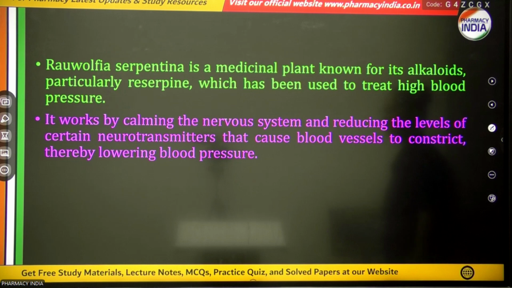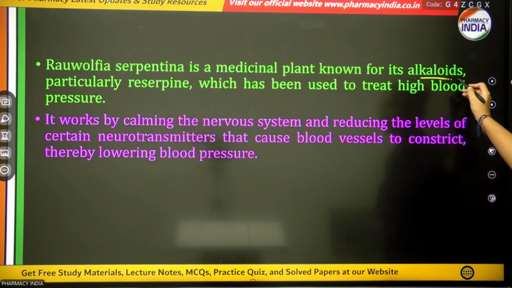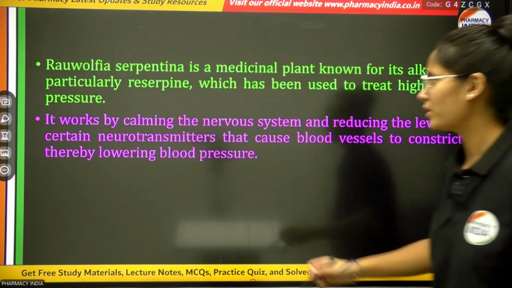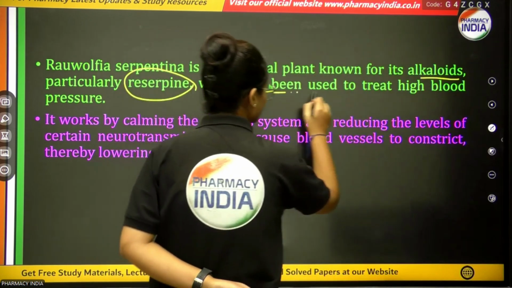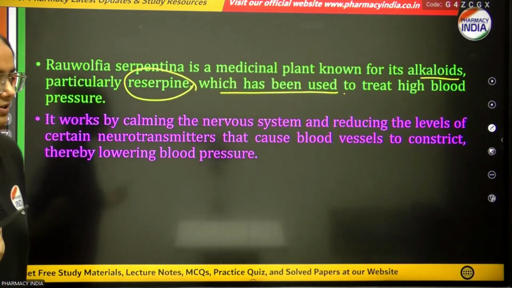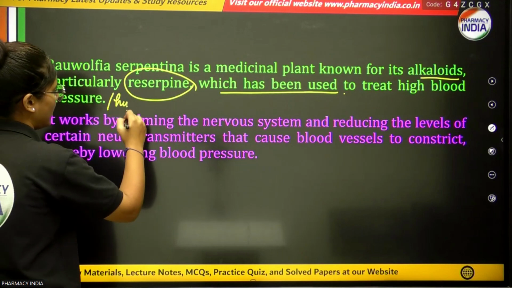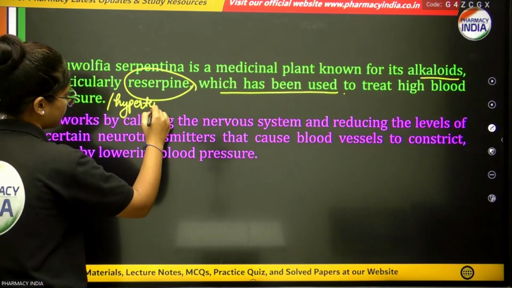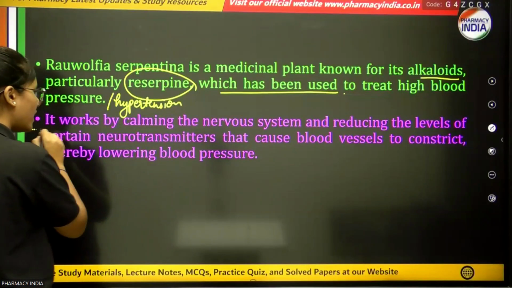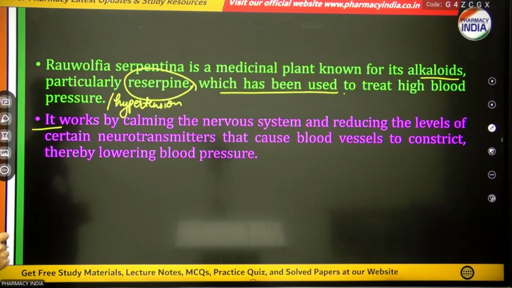Rauwolfia serpentina is a medicinal plant known for its alkaloid, particularly reserpine. What is reserpine? Reserpine is used to treat high blood pressure, or you can say hypertension. It works by calming the nervous system and reducing the levels of certain neurotransmitters that cause blood vessels to constrict, thereby lowering blood pressure.